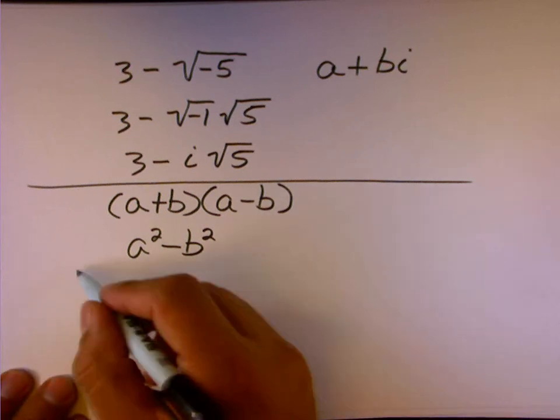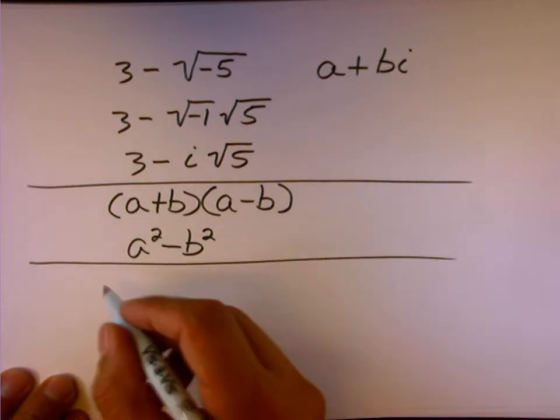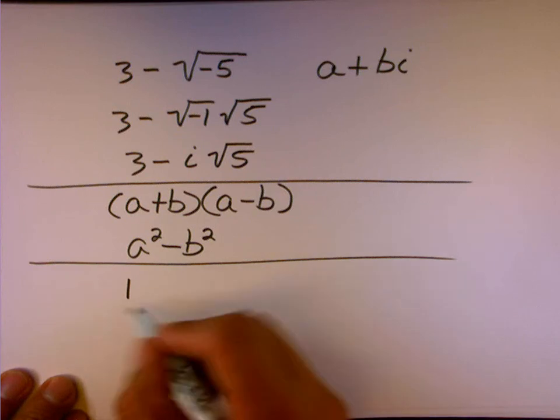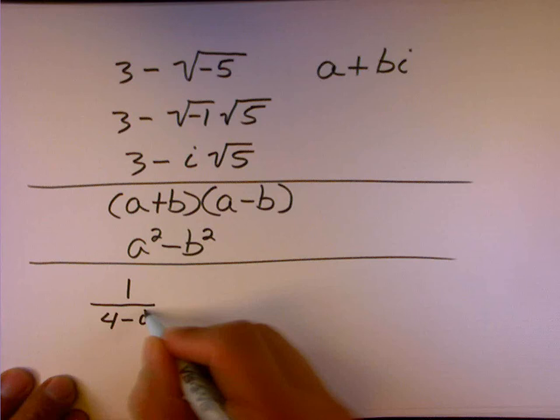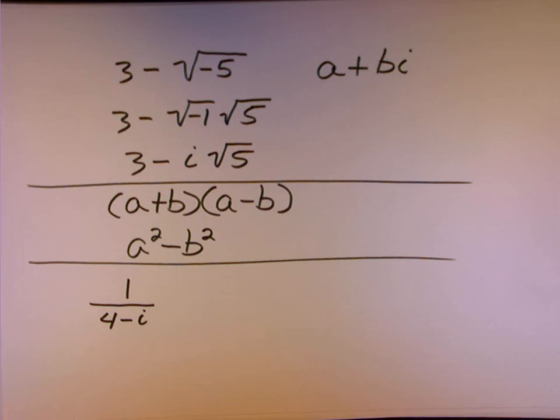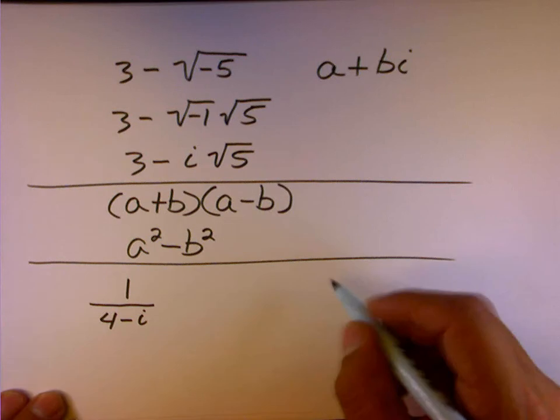If we look at that and utilize it for this example, I've got another property that says I can multiply anything I want to, the numerator to the denominator, as long as I do it to both, and it will not change the value. That is this property here.